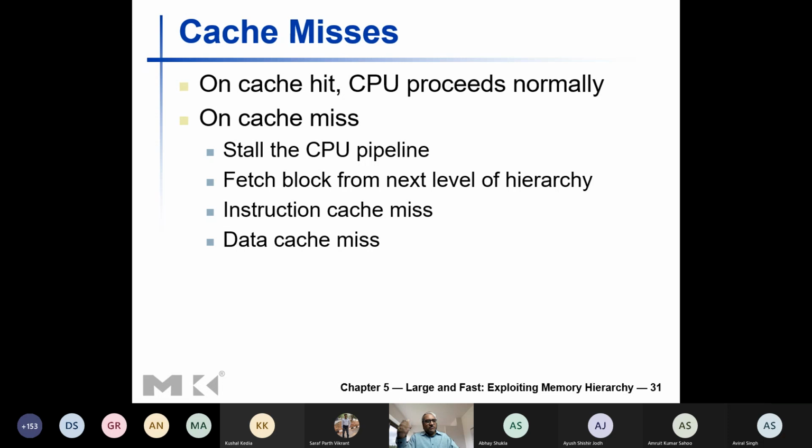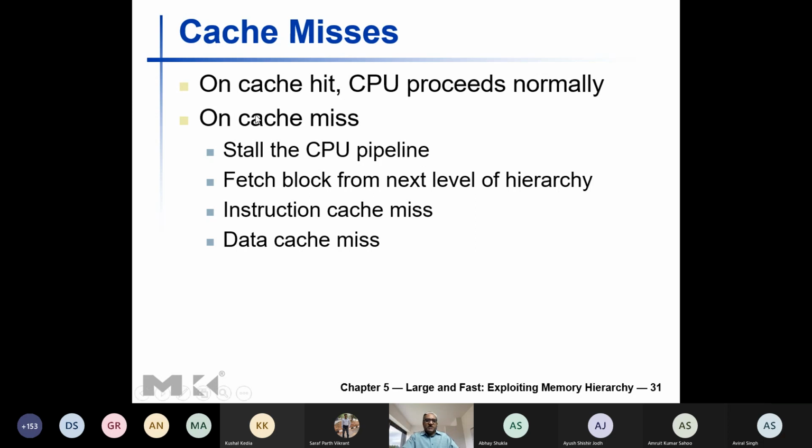Or, for example, when it's a load instruction and an address is generated by the ALU, you require the desired data at that address. If that address is not present in the data cache, again a miss results, and you need to bring that data back, fill up the cache, and then use it.